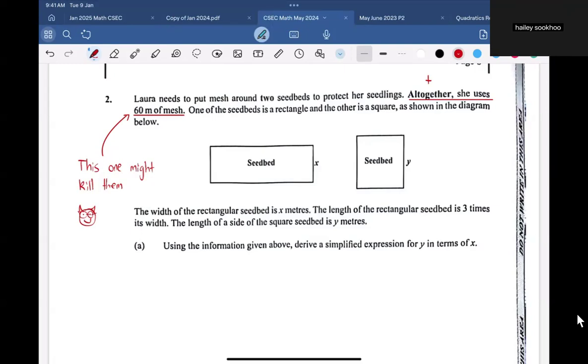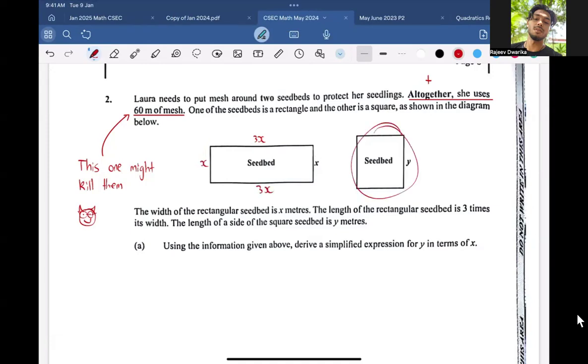That the length is 3x. Yep, because 3 times x is just 3x. And what would this length be? This one would be x, and this would be 3x.